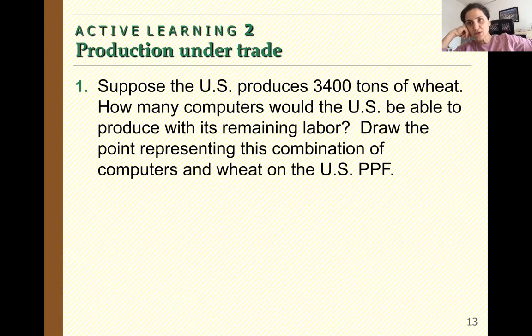In total, the US has 50,000 labor hours, right? So you subtract 34,000 hours from 50,000 hours. The remainder will be the number of hours that should be spent on producing computers. 16,000 hours of labor remained.